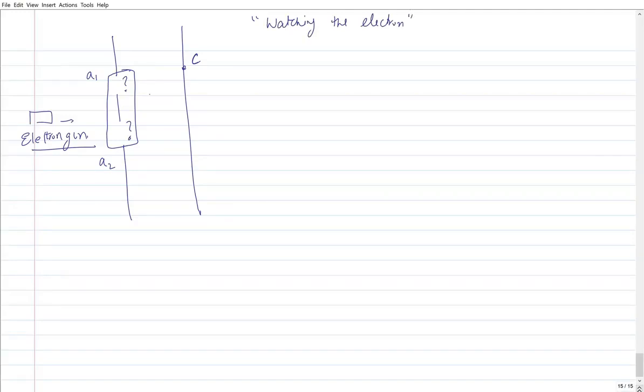So what I do is that I have a beam of light, and as soon as the electron is going to pass through either of the slits, there's going to be a flash. My light photons are going to hit the electron and there's going to be a flash of light. This is a light source.